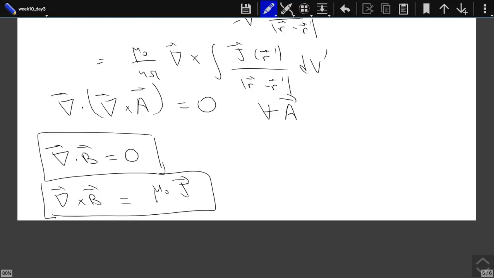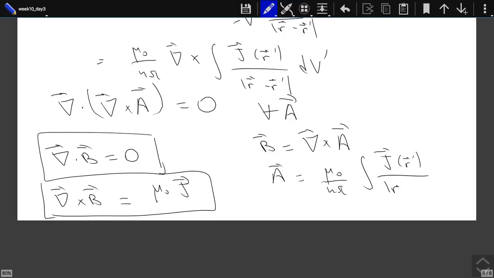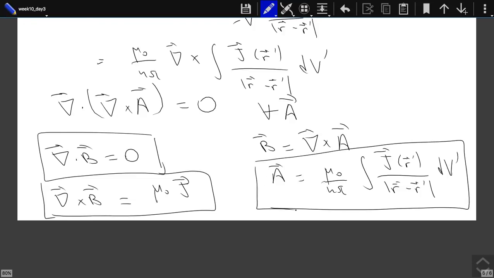Based on the Helmholtz theorem, we can determine B given some boundary conditions. Now you see this B is equal to the curl of A, where A is equal to mu 0 over 4 pi, integral of j of r prime divided by |r minus r prime| times dv prime. Essentially it's like a potential.